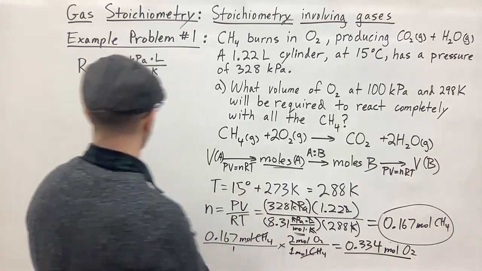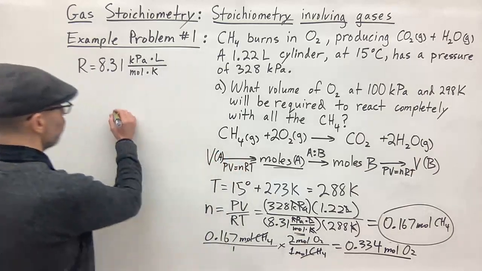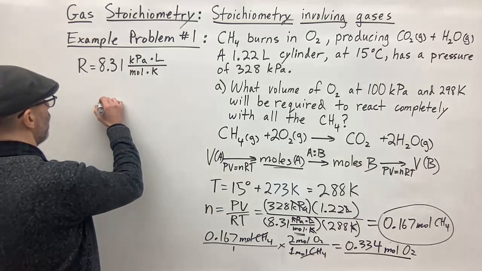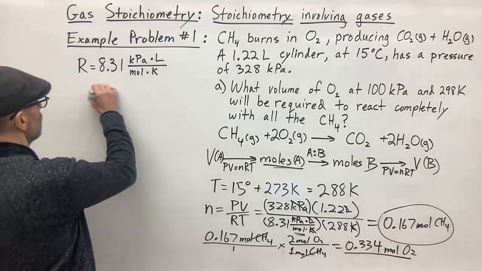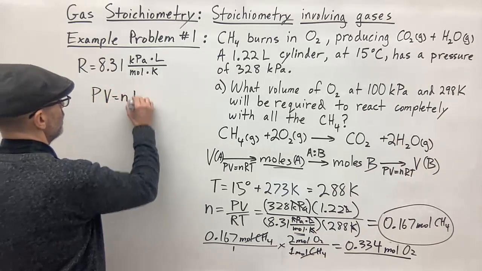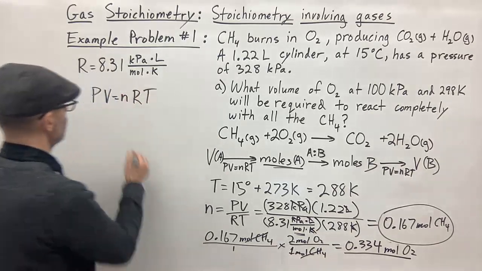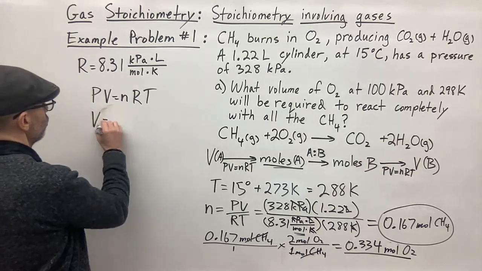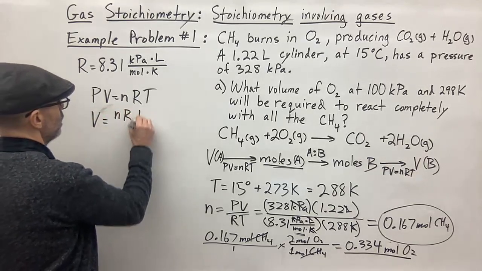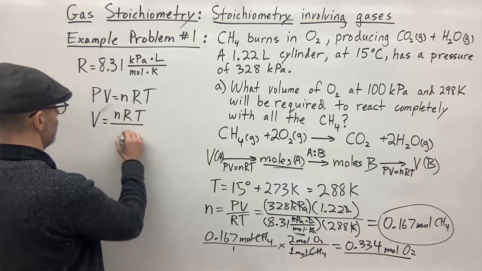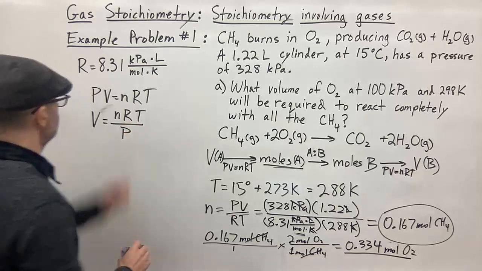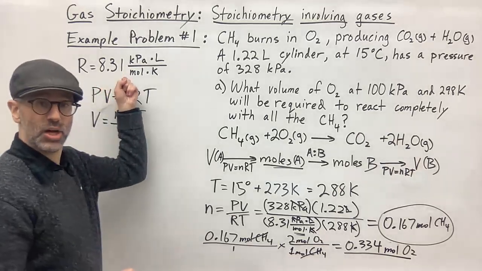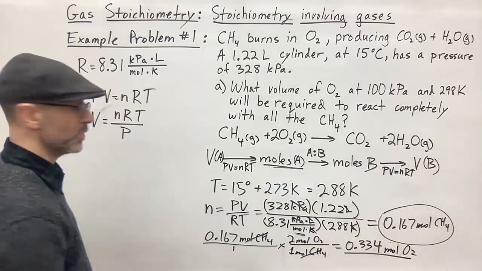So then if I do that here, once again, in this case, PV equals nRT, and I want to solve for volume. So volume is going to be equal to nRT over P. And again, I'm going to use the ideal gas law constant here.